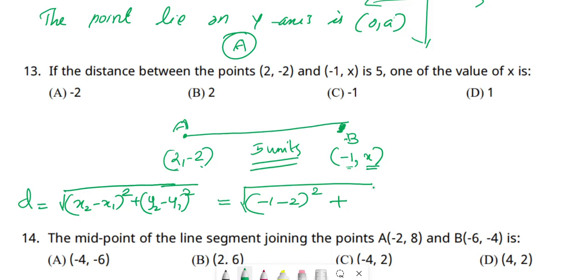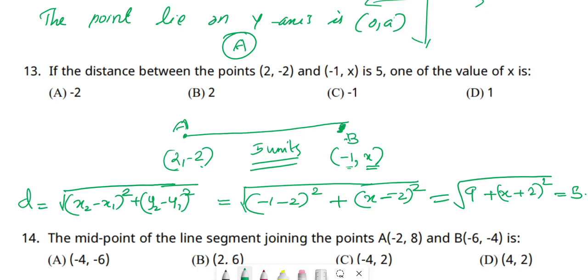Plus y2 minus y1, that means x minus -2, which is x plus 2, the whole square, equal to 5. So we can square it on both sides. Then we'll get 25 equal to 9 plus x plus 2 the whole square.